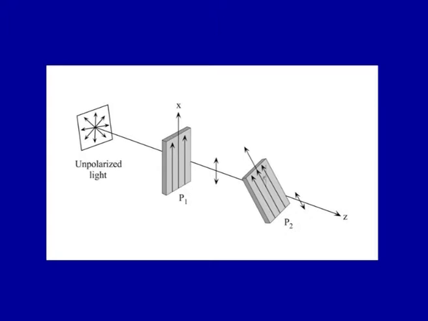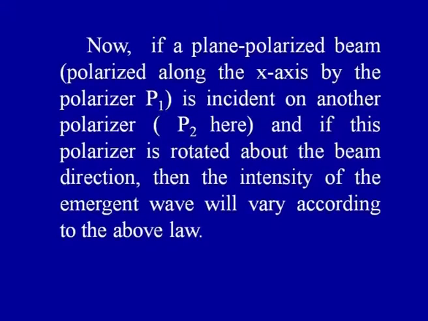Now, if a plane polarized beam polarized along the x axis by the polarizer P1 is incident on another polarizer P2 here, and if this polarizer is rotated about the beam direction, then the intensity of the emergent wave will vary according to the above law.